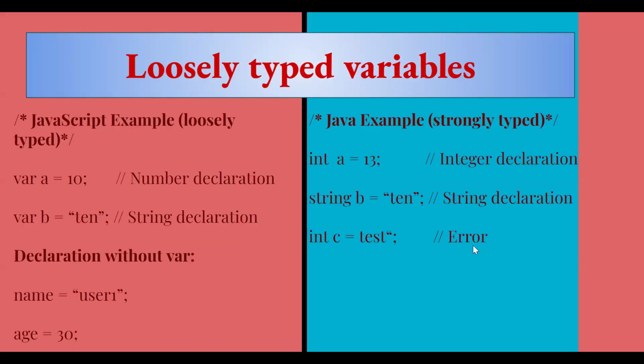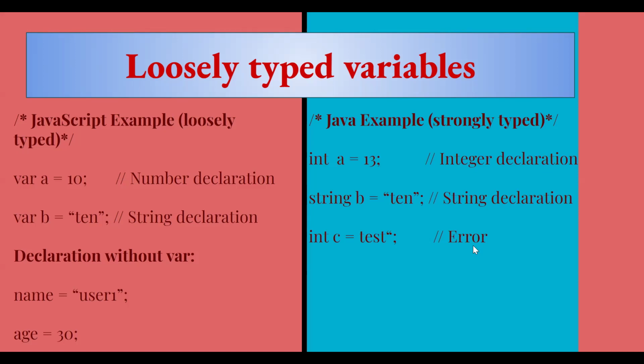Loosely typed variables. JavaScript is a loosely typed and dynamic language. A variable can hold a value of any data type. If you see the example, variable A is having number value and another variable B is having string value. Unlike many other programming languages, you don't have to tell JavaScript during variable declaration what type of value the variable will hold.